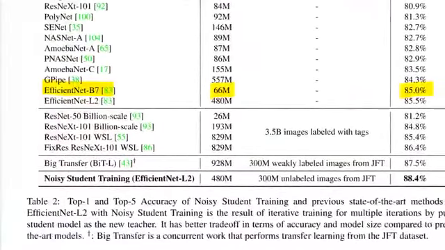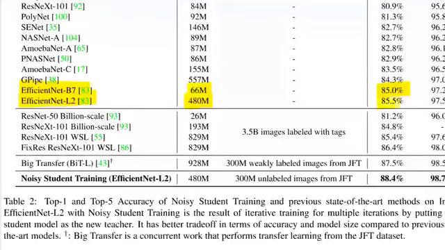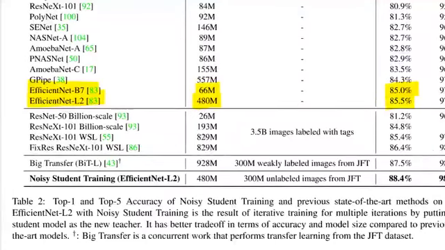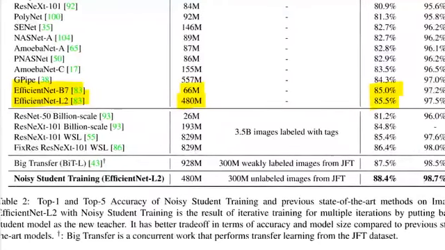Now, if you just train a larger model, this EfficientNet L2 right here, that has 480 million parameters, so a lot more parameters, but you just train it on the same dataset, on ImageNet, you will get a 0.5% improvement. And you can see that here, with noisy student training with the exact same model, so it has the same amount of parameters, you'll actually get 88.4, so more than a 3% improvement.